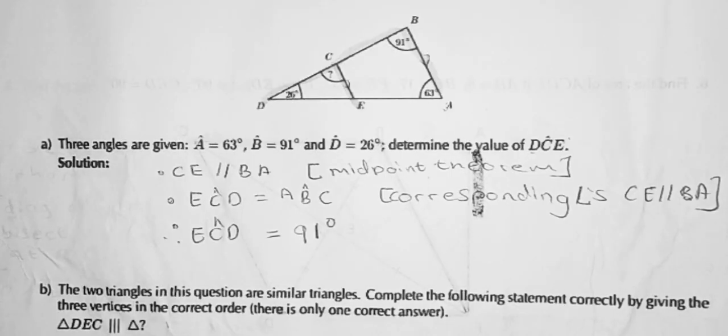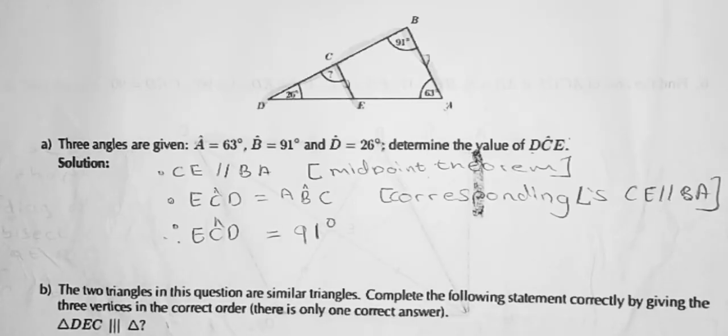The two triangles in this question are similar triangles. Complete the following statement correctly by giving the three vertices in the correct order. There is only one correct answer. So we have similar triangles, two triangles in this question. They say that they are similar triangles.